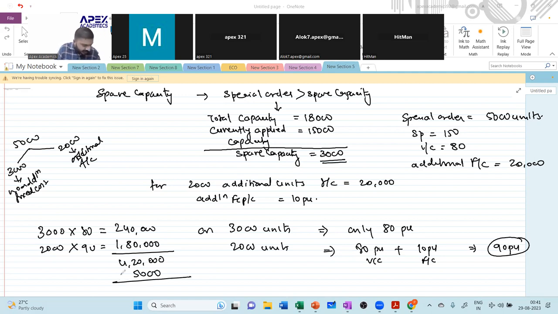So the standard selling price will be 84 per unit. This concept is not specifically in your syllabus, but if the paper comes tough, they can ask you. Please take a screenshot and ask me if there are any doubts in this concept.